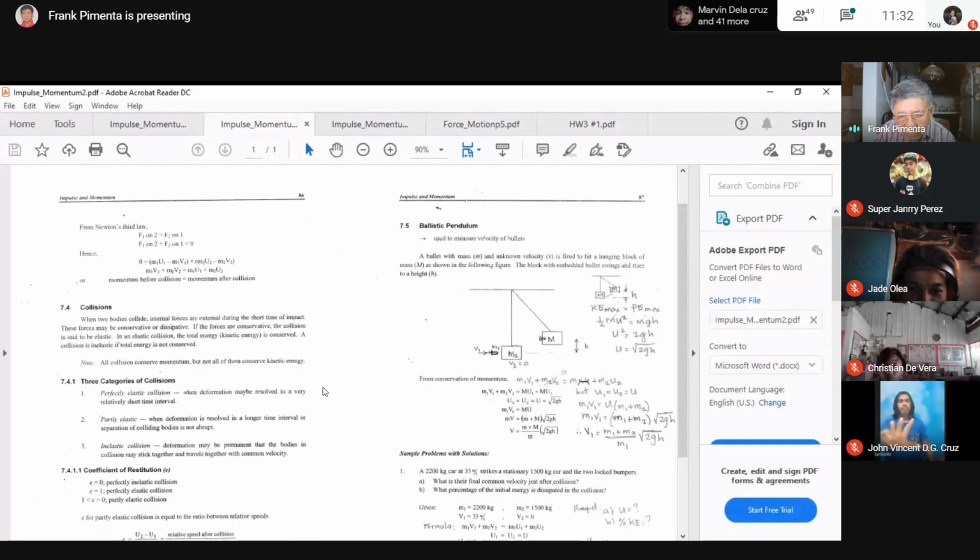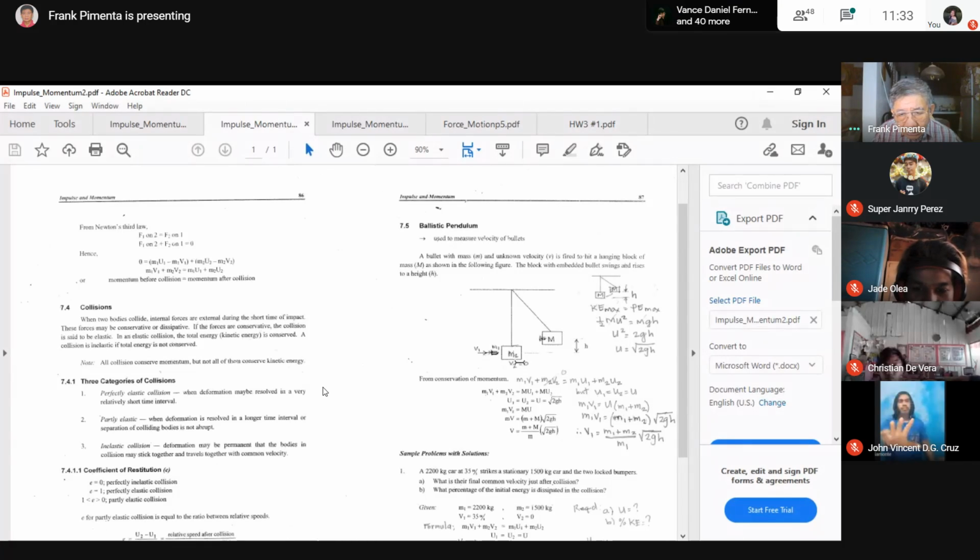Since U is common to both terms, we will factor it, so it is equal to m1 plus m2 times U. U is the final common velocity. The equation for this final common velocity will be derived from the conservation of energy.